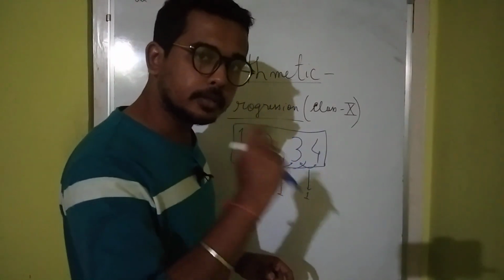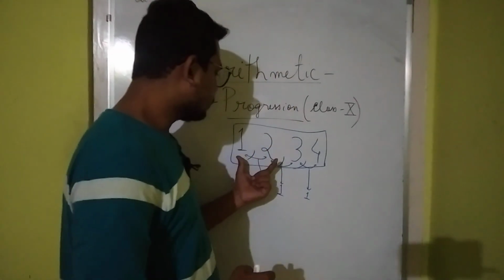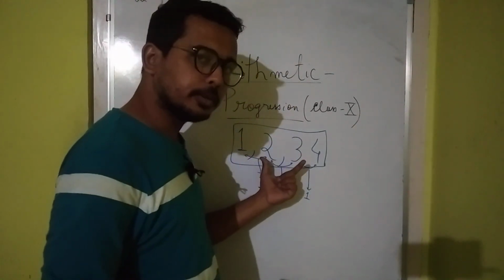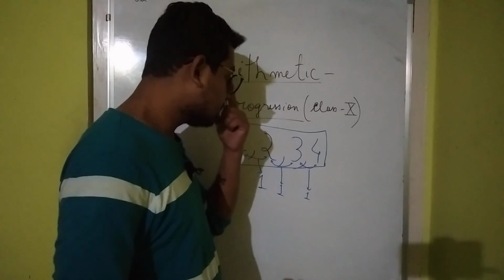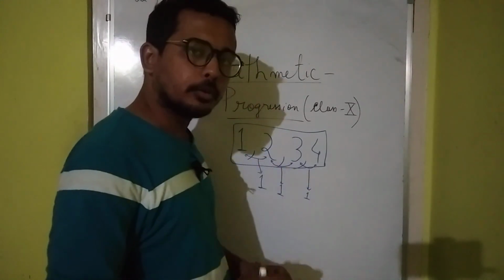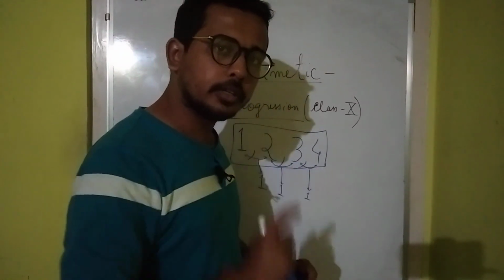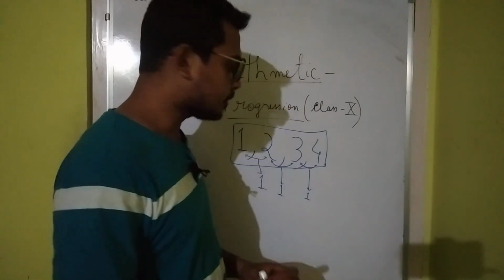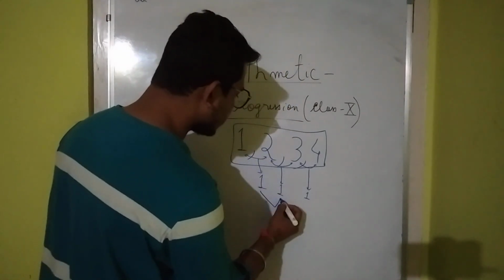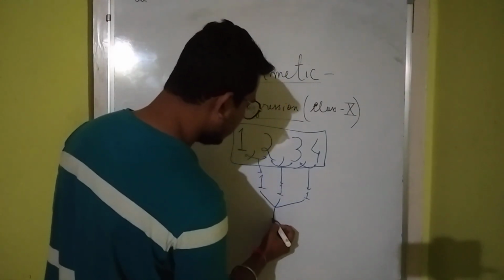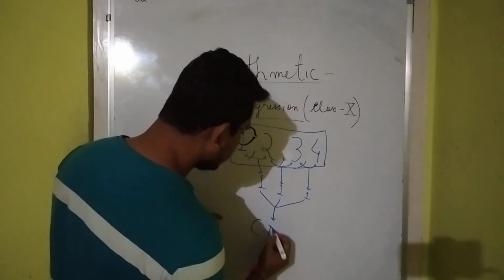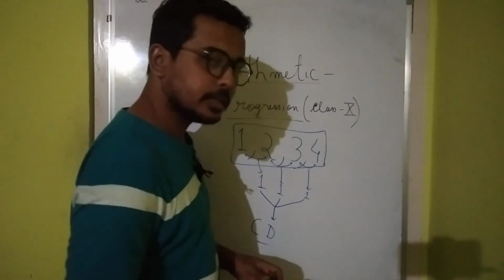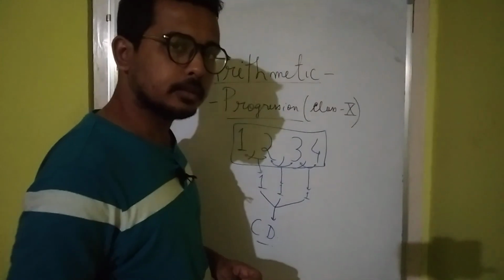We are talking about consecutive numbers. So 1, 2 consecutive, 2, 3 consecutive, 3, 4 consecutive. So the difference is always fixed. It's a common difference. Okay, so that's why it is known as CD, which is common difference. All right.